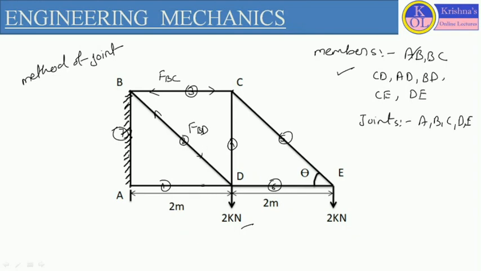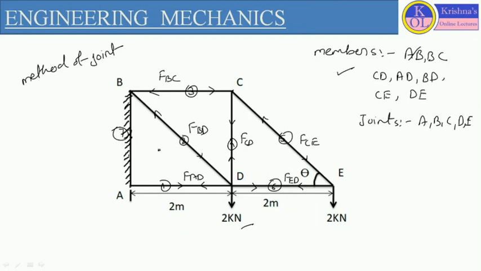On member AD, the force will be FAD. On member CE, force will be FCE. On member CD, force will be FCD. On member DE, the force will be FDE or FED.